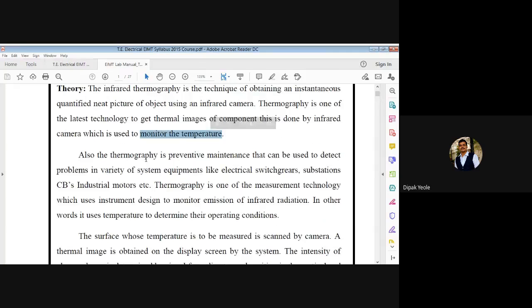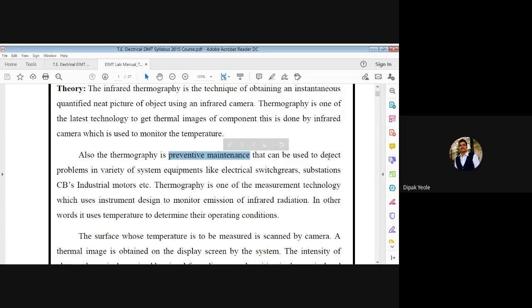Also, thermography is a preventive maintenance. This is part of condition monitoring, and inside condition monitoring we are using thermography. It is called preventive maintenance because before the fault, we are going to see the image, and after the image, we can predict in what condition a particular fault is going to arise.